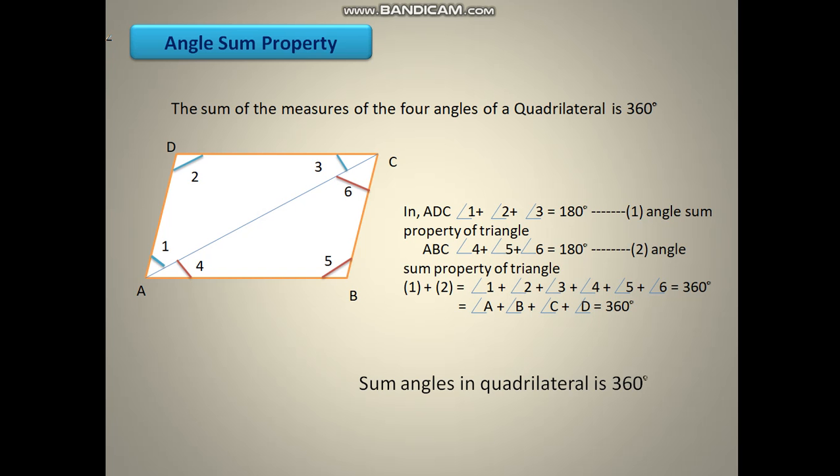So the sum of the angles in a quadrilateral is 360 degrees. This is the angle sum property.